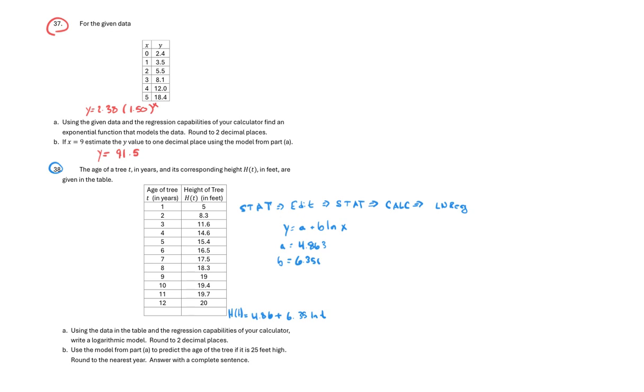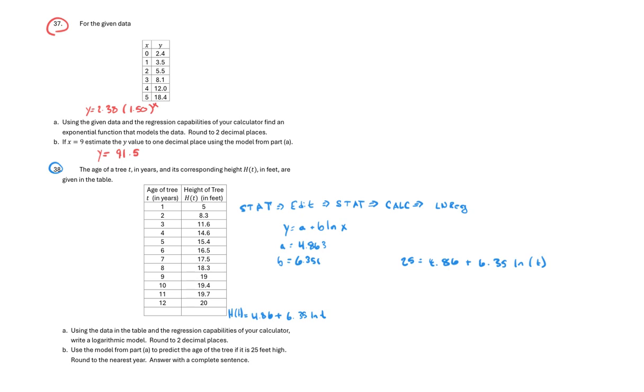Next, it's going to say that we're going to use this model from A to predict the age of the tree if it is 25 feet high. So that means that our height is 25, so we're going to say h is 25, and solve for t. To solve for t, we first need to move this 4.86 to the other side.